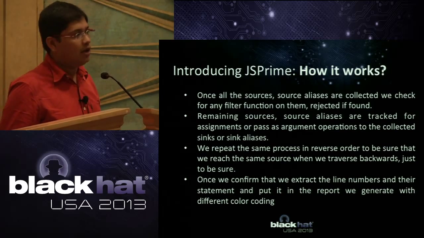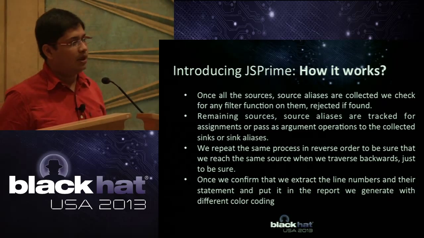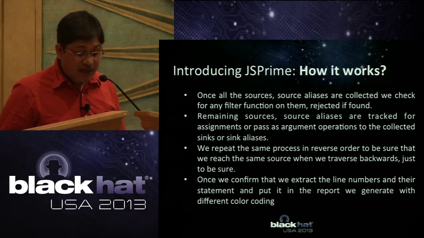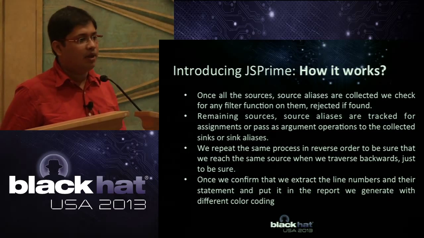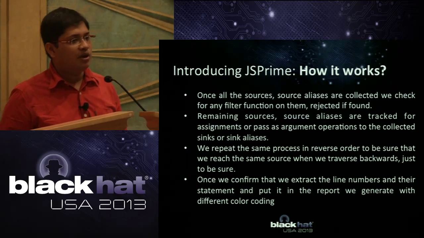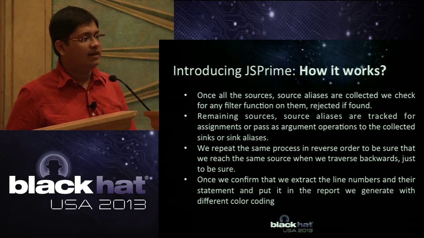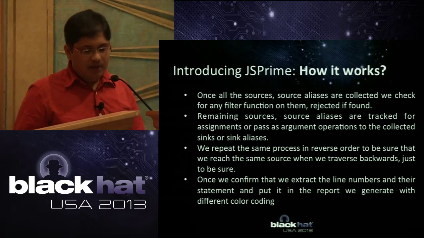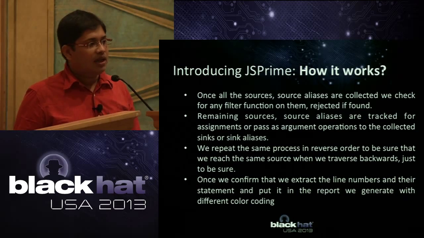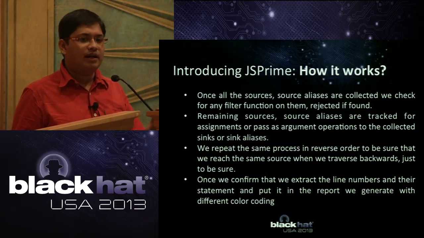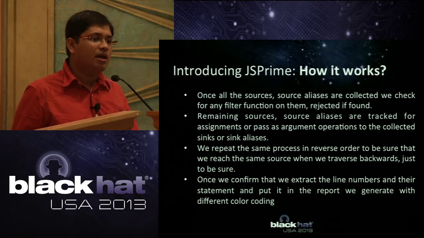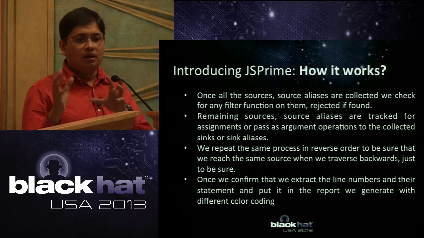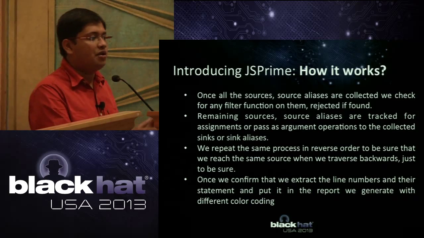One is with YUI, where we have the Escape class, with Escape.html, which filters out all meta characters that can be dangerous in context to HTML. Similarly, encodeURIComponent can be treated as a filter function when you are passing sources in context to a URL.